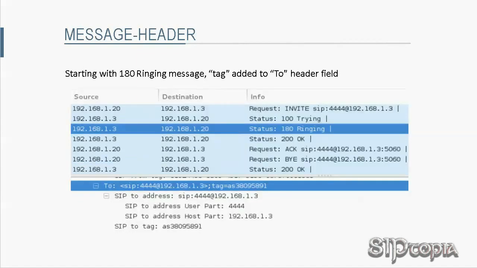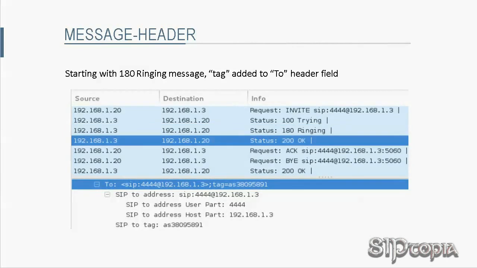Starting with the 180 Ringing message, we are seeing the tag added to the To header field. This makes sense as the 180 Ringing means the other end has received our INVITE message. The other end knows of us, thus we are in a dialogue.